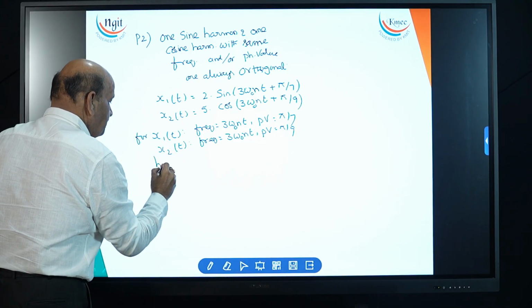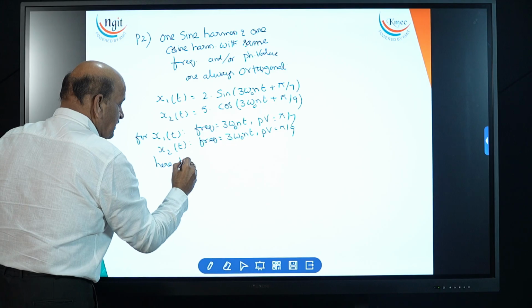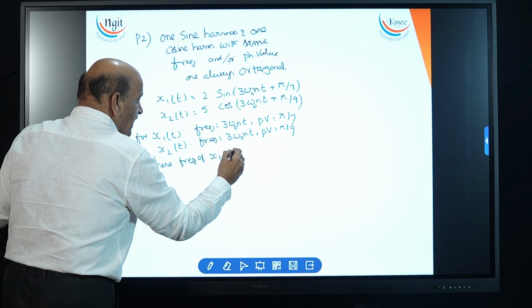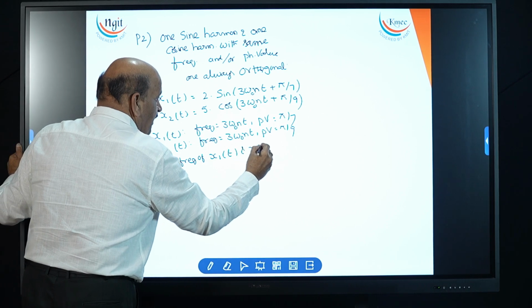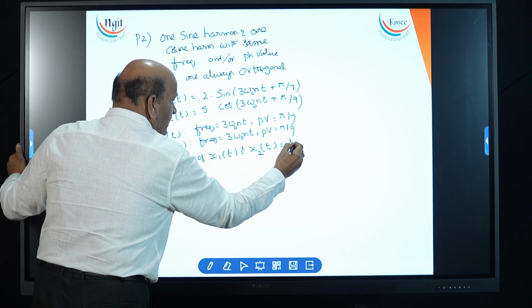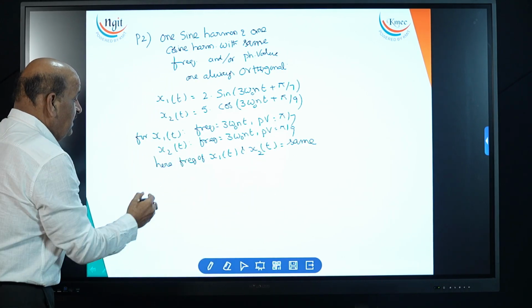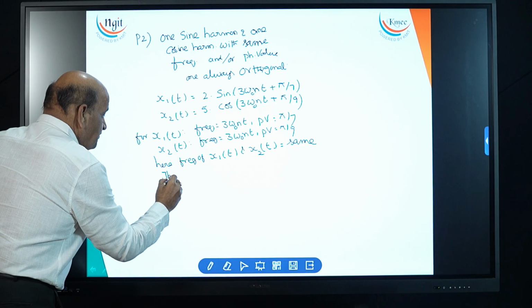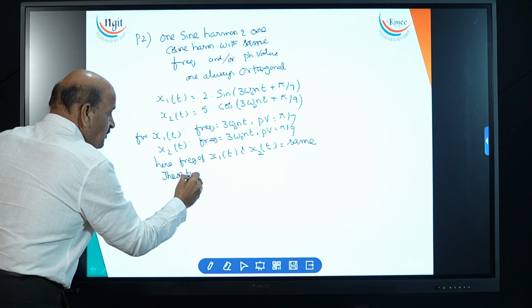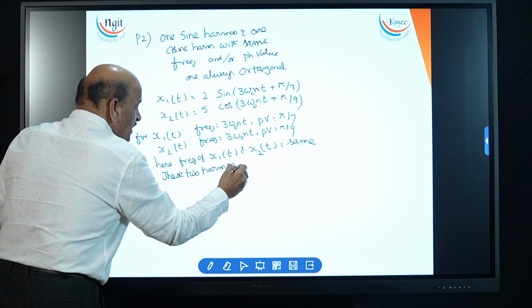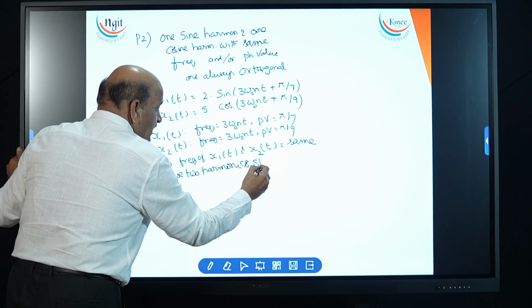So here the important condition: the frequency of x1 of t and x2 of t are same. There is no strict rule upon the phase value. Therefore, these two harmonics or signals should be orthogonal.